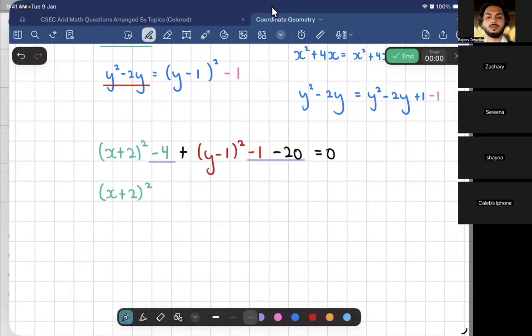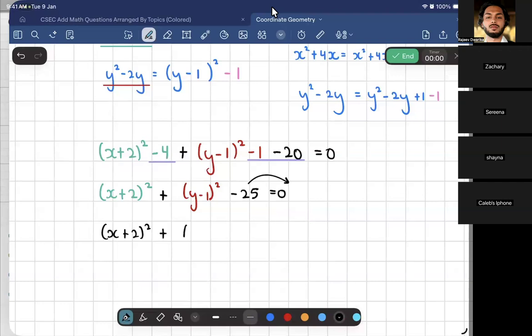So you're going to end up with x plus 2 squared plus y minus 1 squared, and we're going to end up with -25. We're going to take that and move it across. So my final answer is just x plus 2 squared plus y minus 1 squared. And if I move across -25, that's going to turn to 25, which is really just 5 squared. Do you understand how I do that?